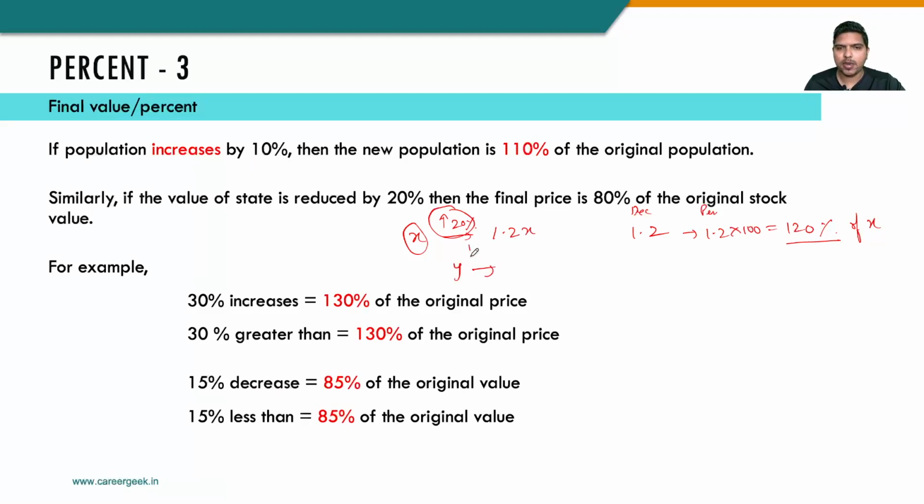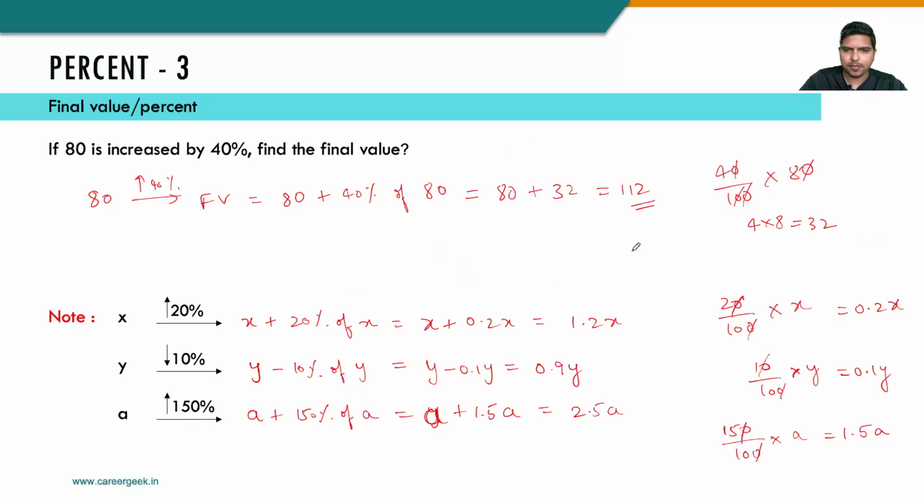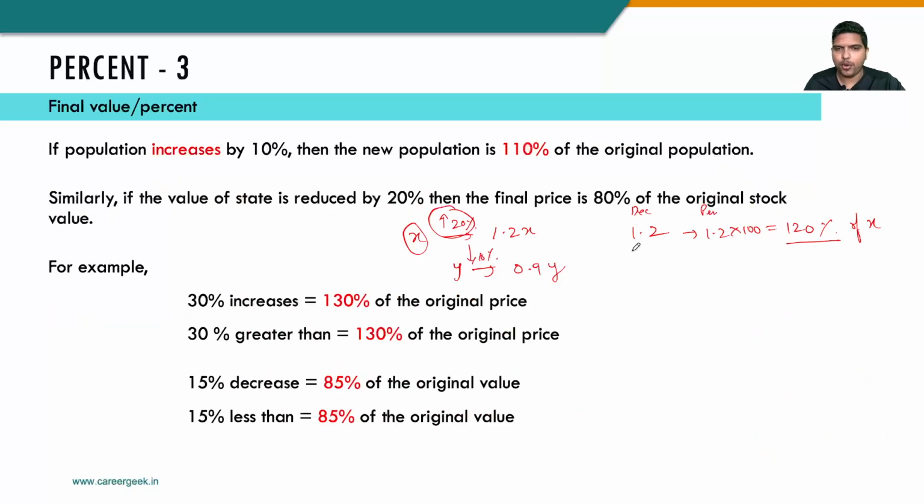Y decreased by 10%, so the final value became 0.9y in the previous slide. What is 0.9y? Convert decimal to percentage: 0.9 multiplied by 100 is 90. So 90% of y. Decreased by 10%, so the final value is 100 minus 10, 90%. It's good to remember this.